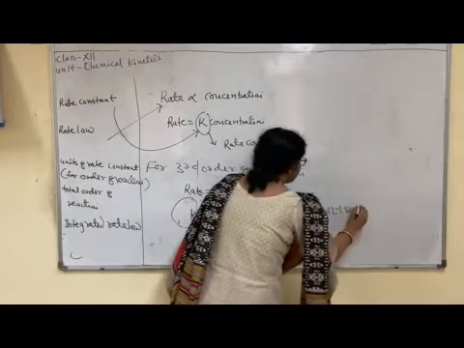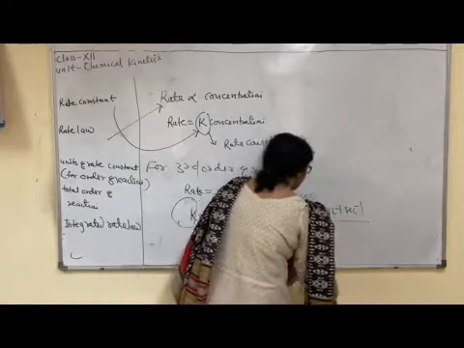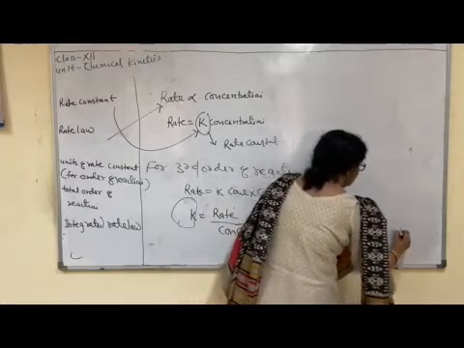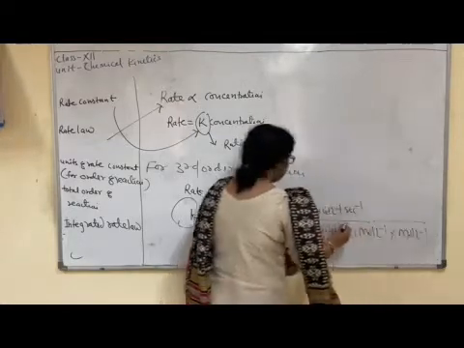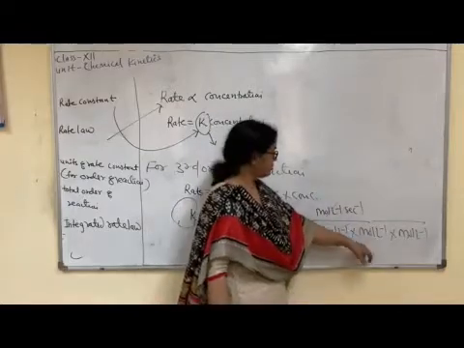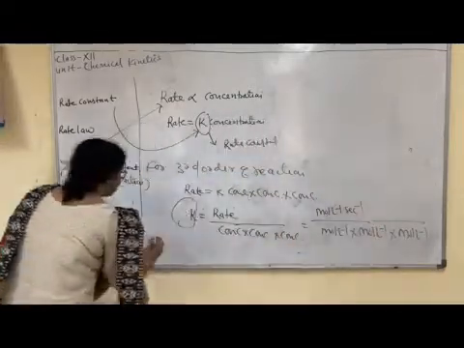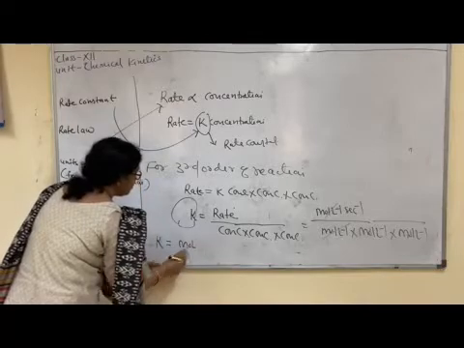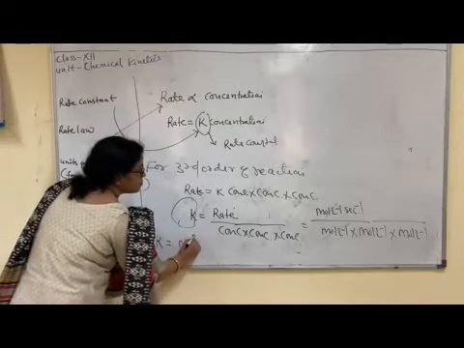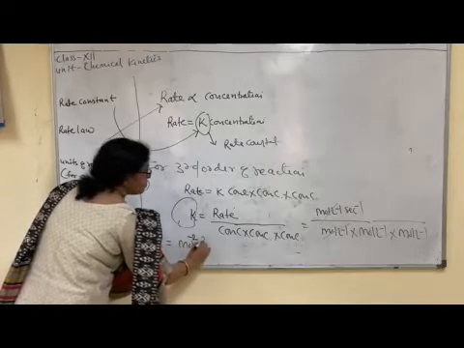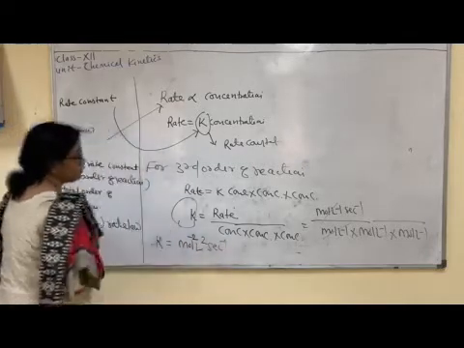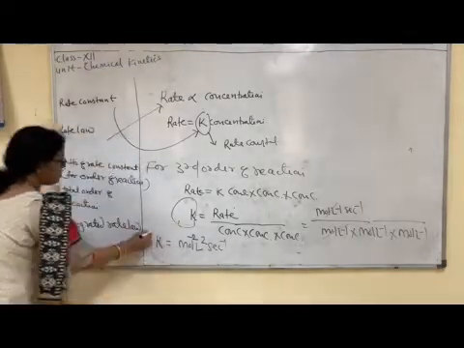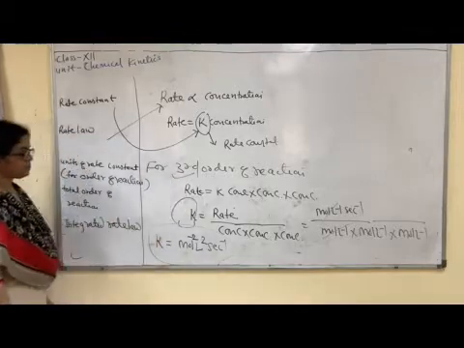Mole, liter inverse, time inverse, second inverse, upon mole, liter inverse into mole, liter inverse into mole, liter inverse. Only two units are left. Write in inverted form. Unit of K is equal to mole. This is the unit of rate constant for this order of reaction.